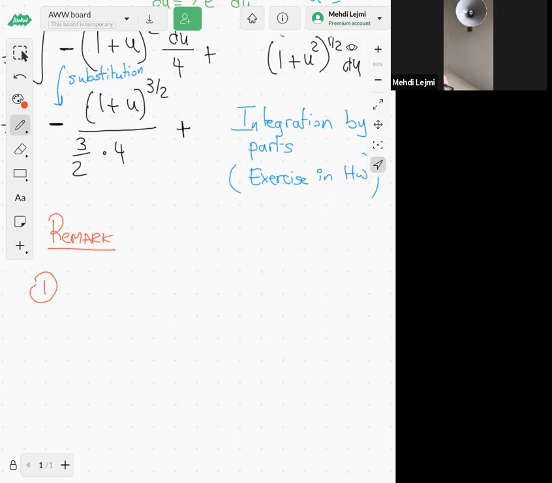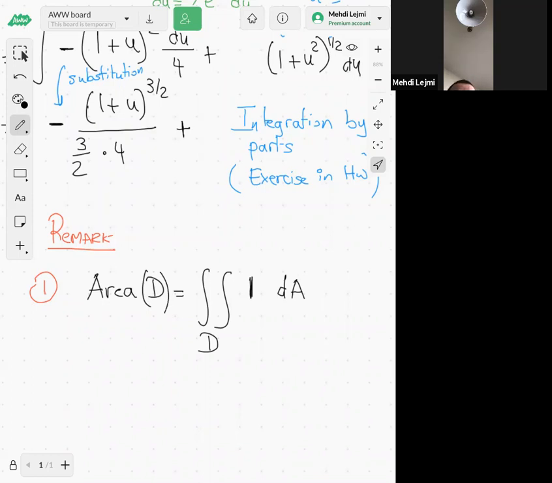So if you have some region D, then the area of D is just the double integral of the constant function 1 over the region D, right? So you have to integrate the function 1 if you want to compute the area of some region, right?